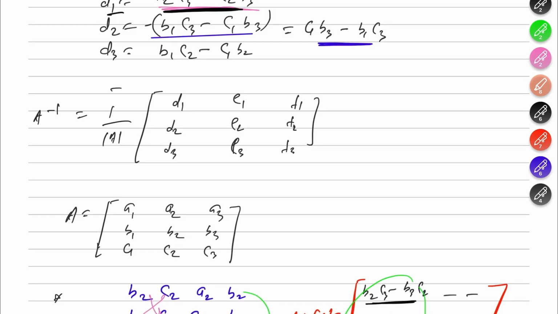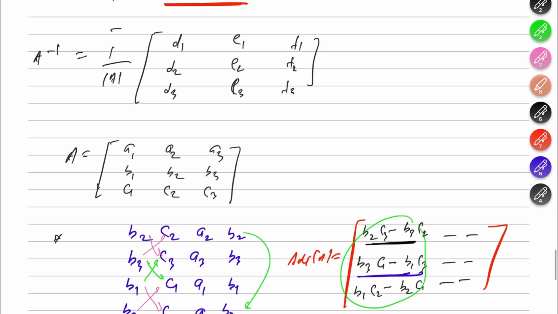Then the third is B1 C2 minus C1 B2, so B1 C2 minus B2 C1. See, this is how we get the first column. Similarly, the second column and third column we can get.